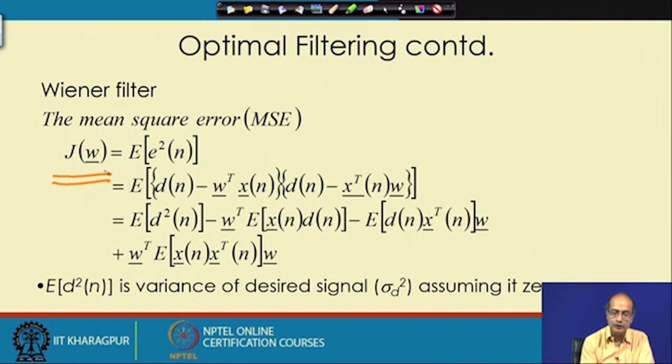And when we talk about an optimal filter, what we mean is that it should be optimal in the mean square error sense. The meaning of it is that we would like to have as small an error as possible.